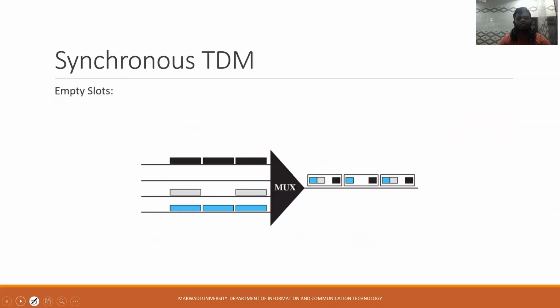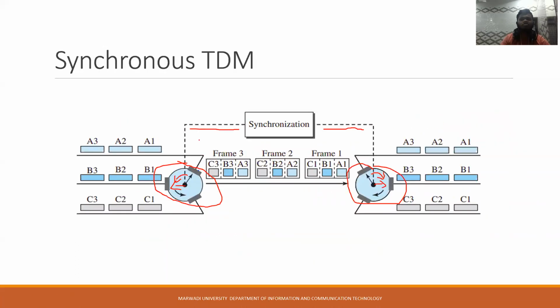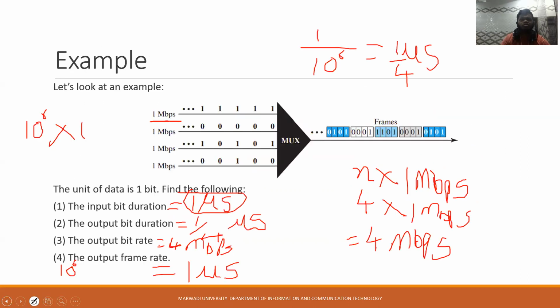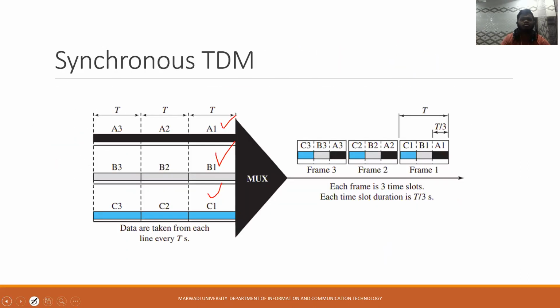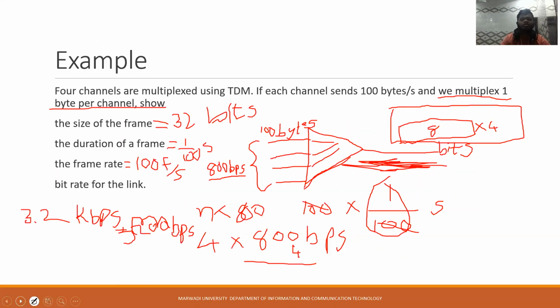Now let's move forward. This is a different thing called empty slots. So what are empty slots actually? Suppose in all the previous examples, we had something to send at every given time.